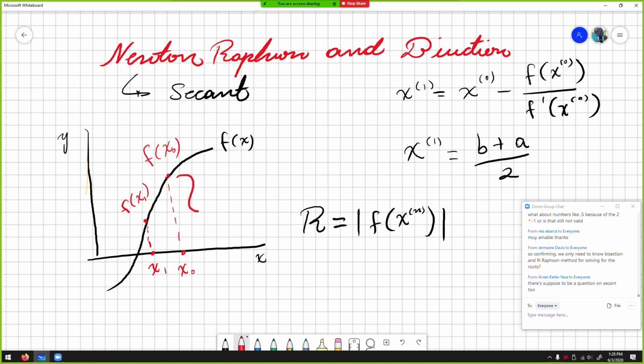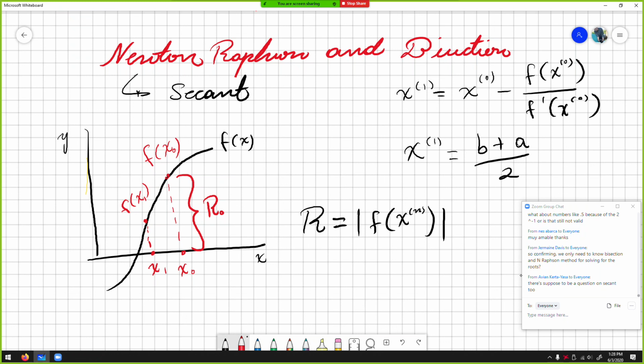Residual is the distance. In this case, this is the initial residual. If they ask you for initial residual, it is the distance on the y-axis, the magnitude, and that's why it's an absolute value. It is the magnitude of the distance from the evaluation of that root to the x-axis.